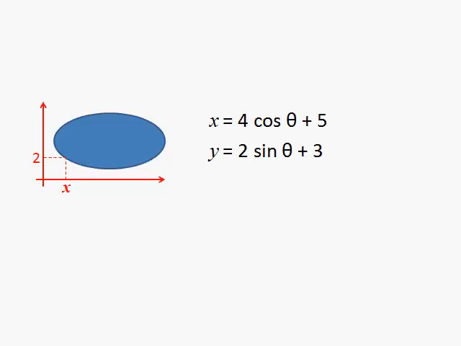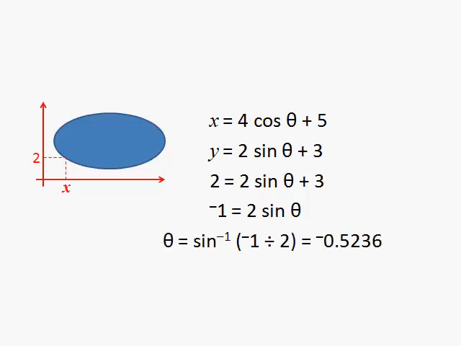So we are trying to find the x value for the appropriate y value, and we have the y value 2, we substitute it in and we solve that. Move the 3 across, minus 1. So theta is the inverse sine of the minus 1 divided by the 2, and that tells us that theta for this solution is minus 0.5236.